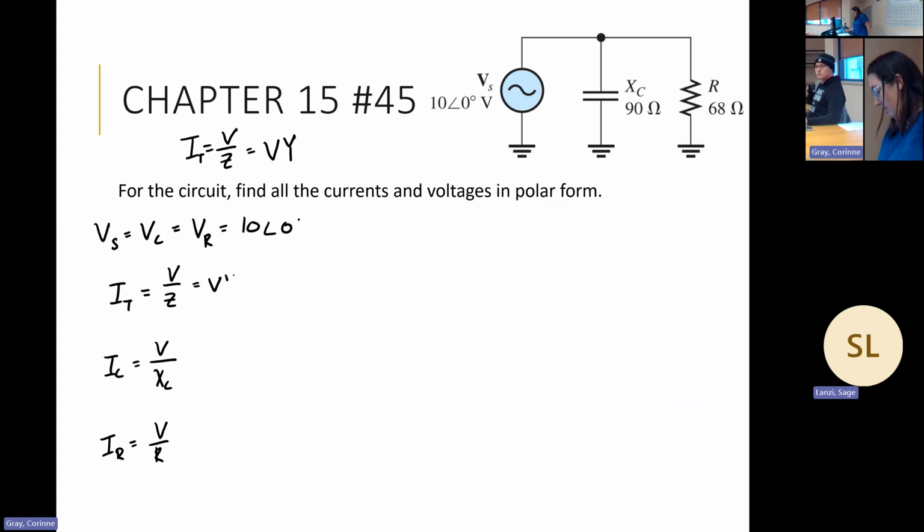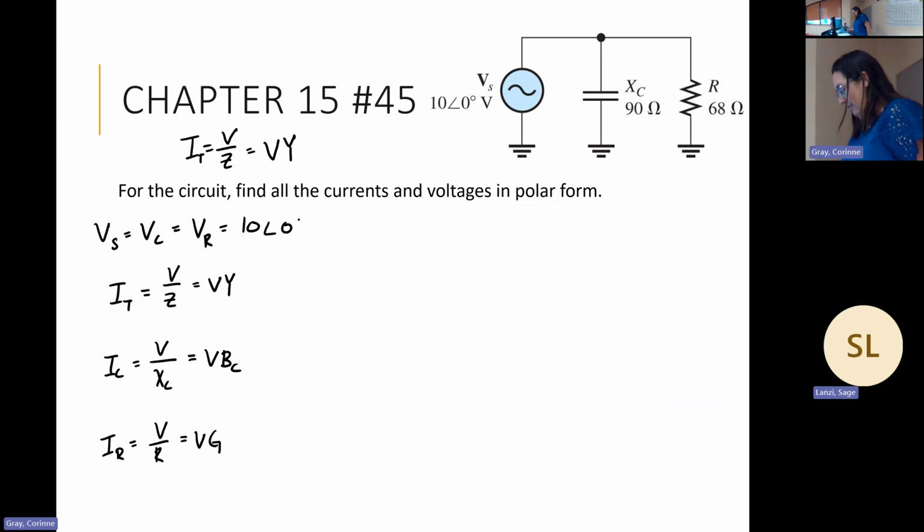If I'm using Y, it's going to be V times BC and V times G. Again, technically they all work fine. It does not matter which one we use, as long as we are being consistent with it.